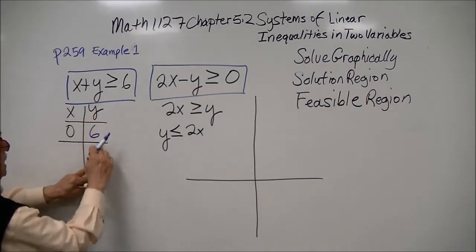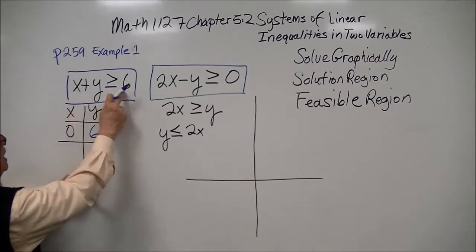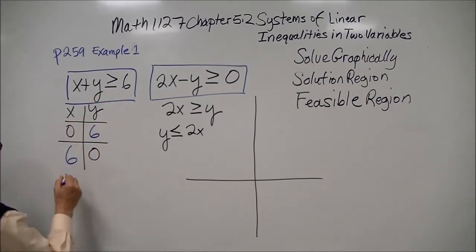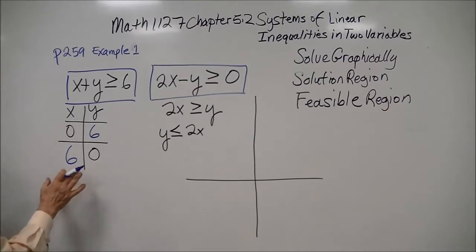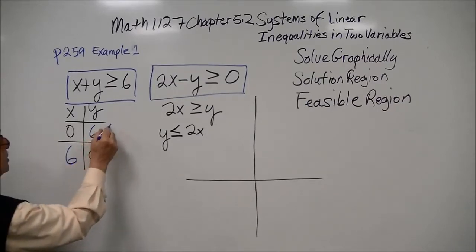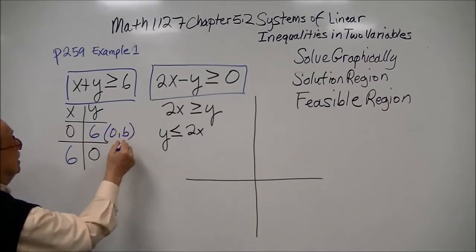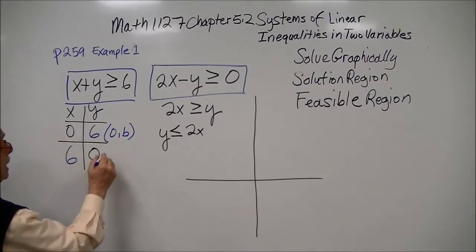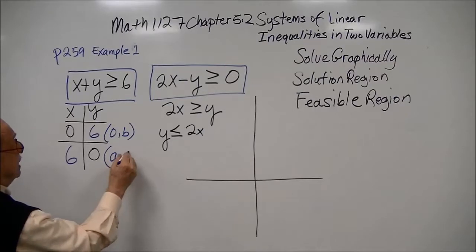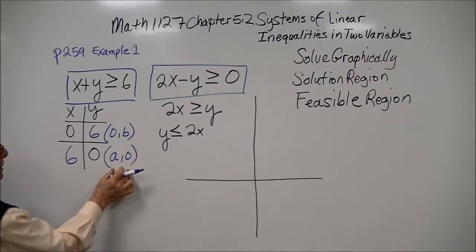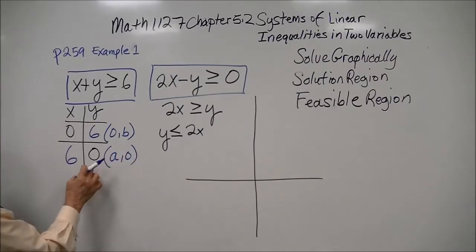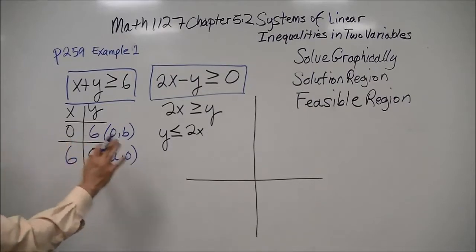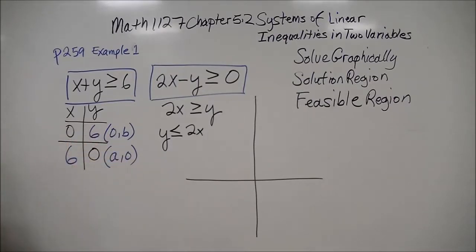If Y is a 0, X is 6. So we have our X and Y intercepts. You recall 0 comma B is our Y-intercept, where the line will cross the Y-axis. A comma 0 is where the line will cross the X-axis. So these are good points for graphing.